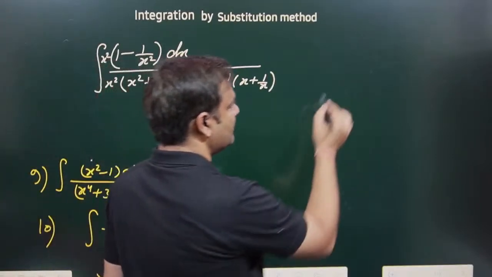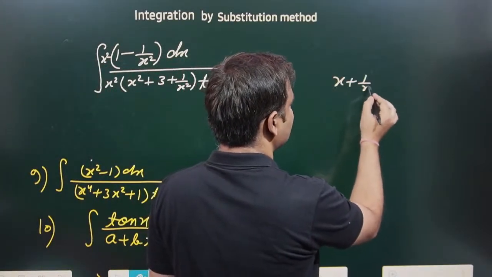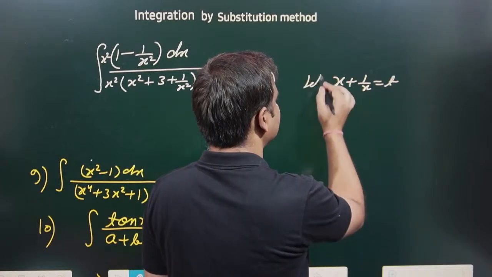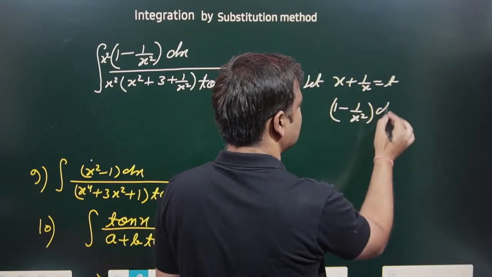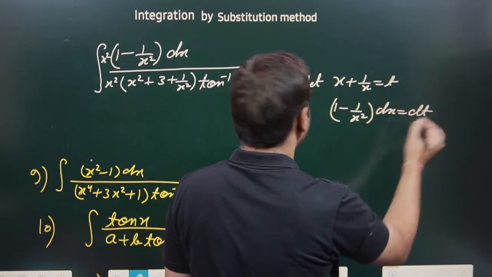Okay, now let x plus 1 by x be equal to t, so 1 minus 1 by x square dx is equal to dt.